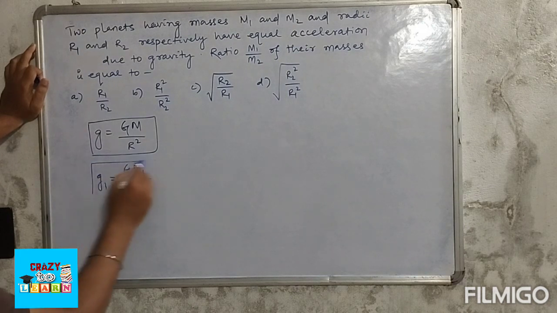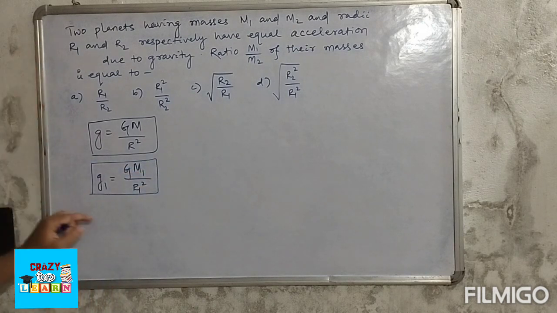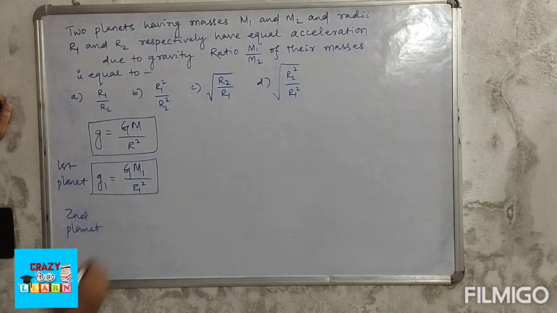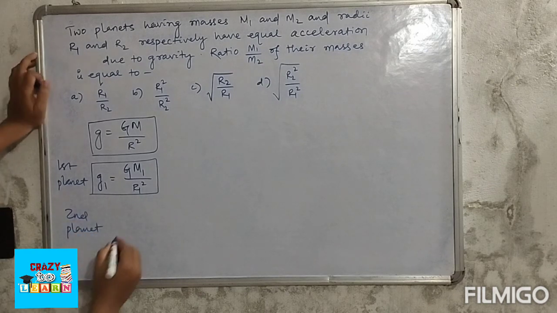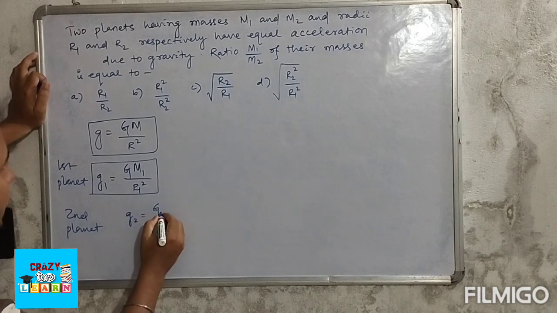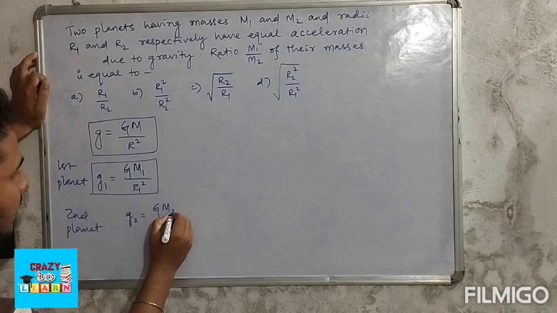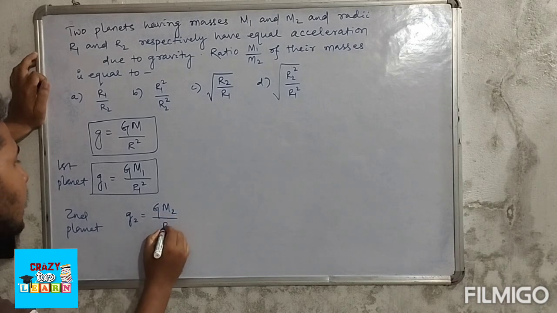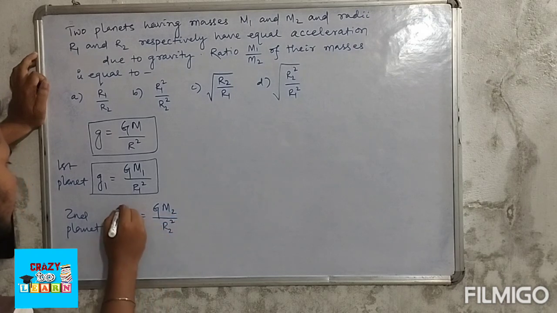And the acceleration due to gravity of the second planet, g2, is equal to capital G, mass of the second planet m2, divided by radius of the second planet, r2 square.